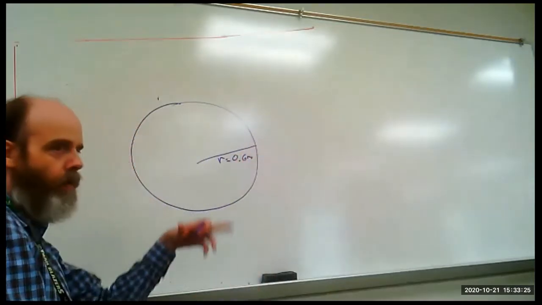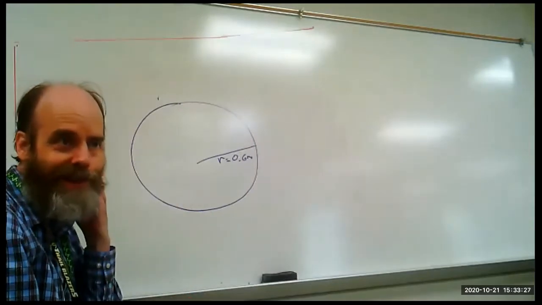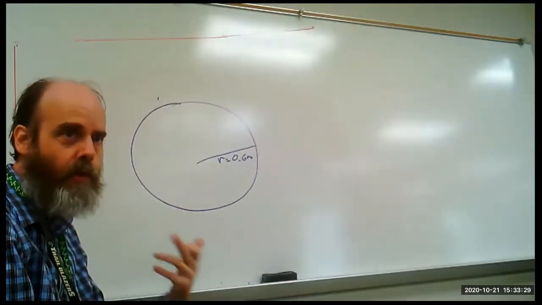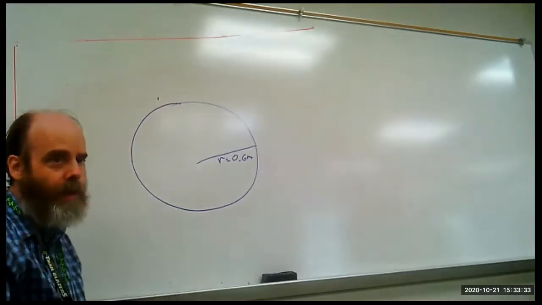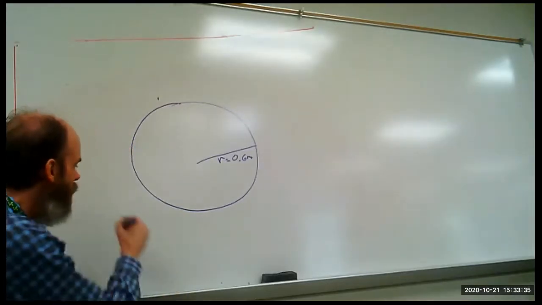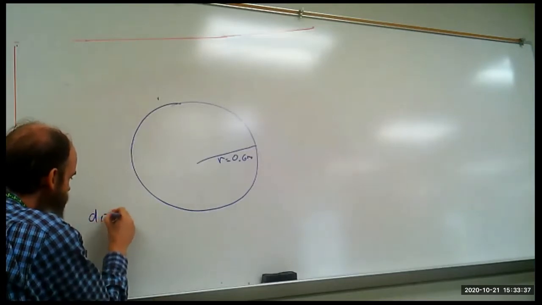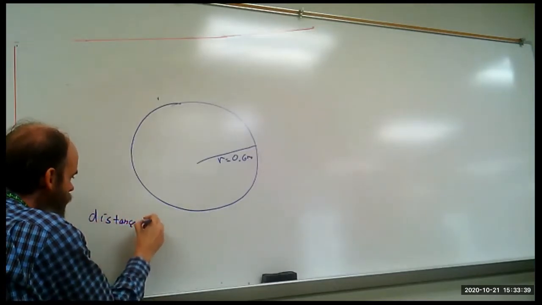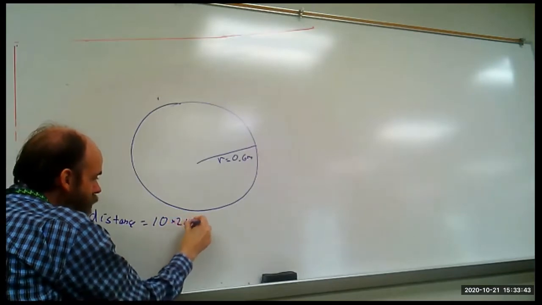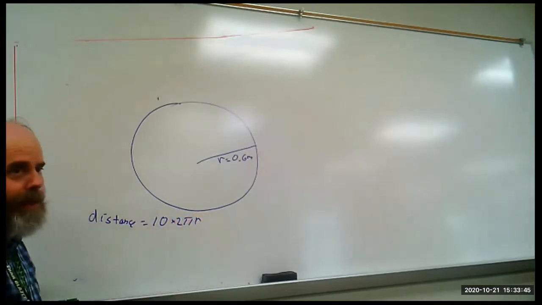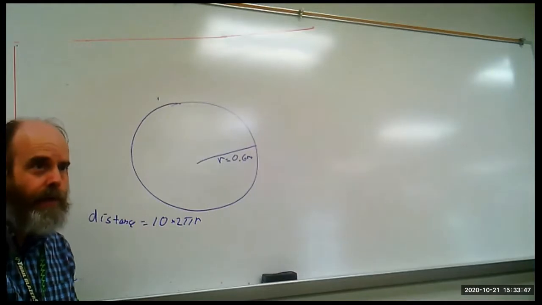So when it makes one revolution, the distance it travels is 2 pi r, the circumference of the circle. In this case, it's going 10 revolutions. So the distance is 10 times 2 pi r. The time it takes to do that is 6 seconds.